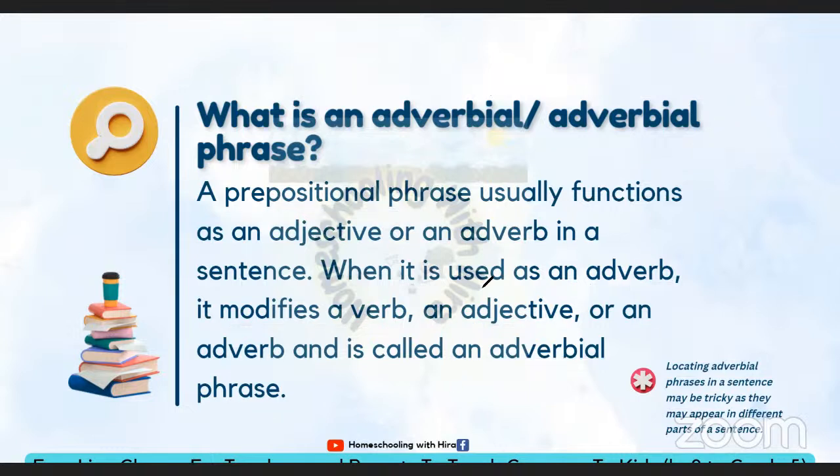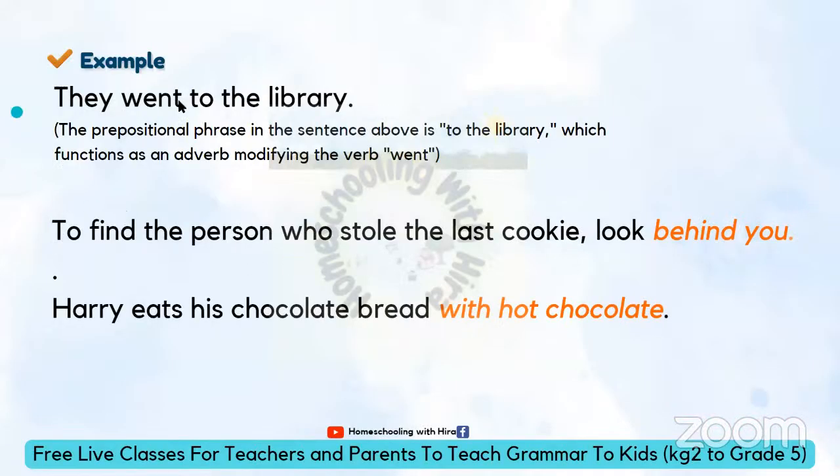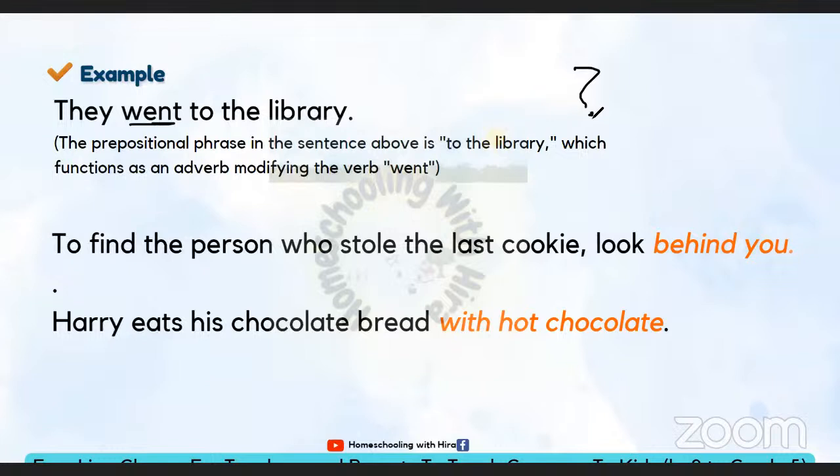Similarly, if we have a prepositional phrase that is modifying a verb, an adjective or another adverb, it will be an adverbial phrase. Simple. Let's check this out. They went to the library. They went where they went, okay?